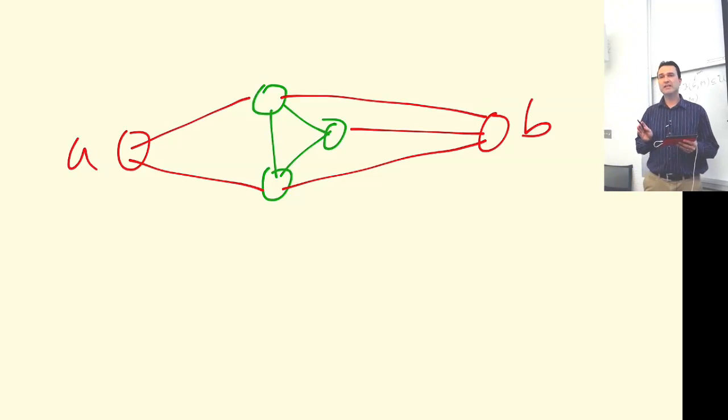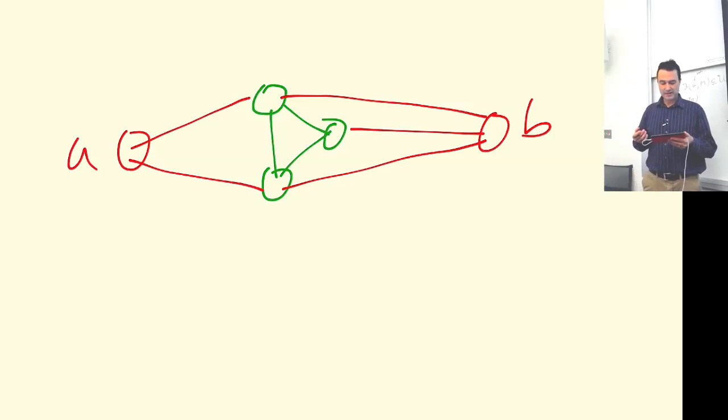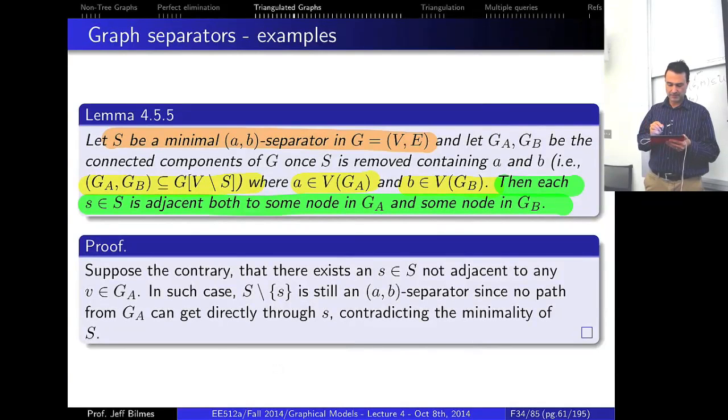What the theorem is saying is that while the green stuff is the separator, it can't be a minimal separator because it's not connected to some node in GA and some node in GB.